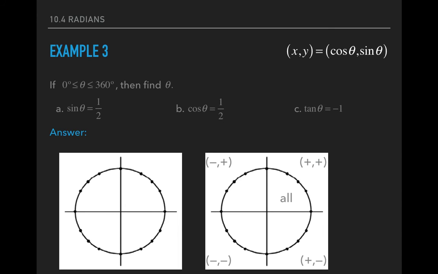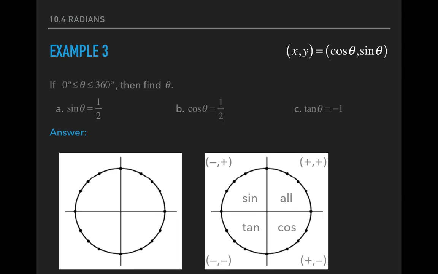They're all positive in the first: sine, cosine, and tangent. But then only sine is positive in the second. The only one that's positive in the third quadrant is tangent, and the only one that's positive in our fourth quadrant is cosine.